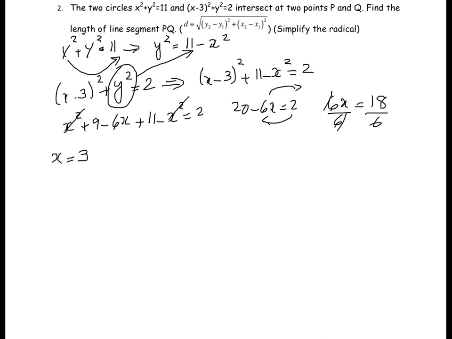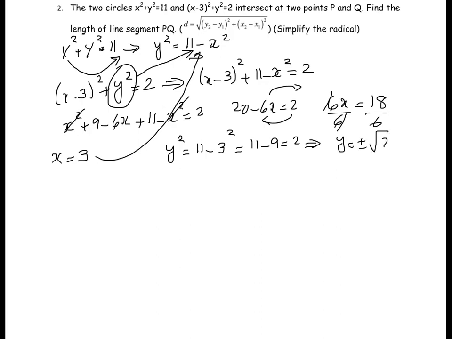So this is the x coordinate of the points of intersection. Now I'm going to put this x equal to 3 in this equation here to find y. I get y squared is equal to 11 minus 3 squared, which is 11 minus 9, which is 2. So I get y is equal to plus or minus square root of 2.